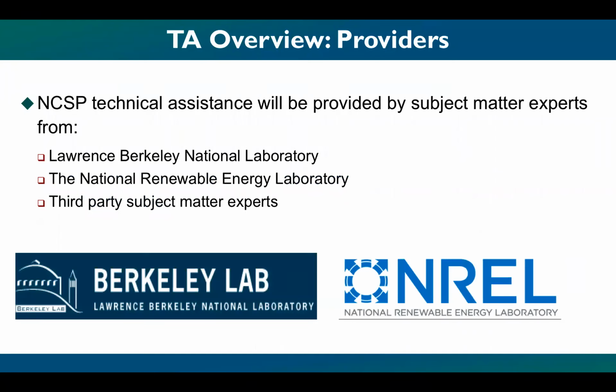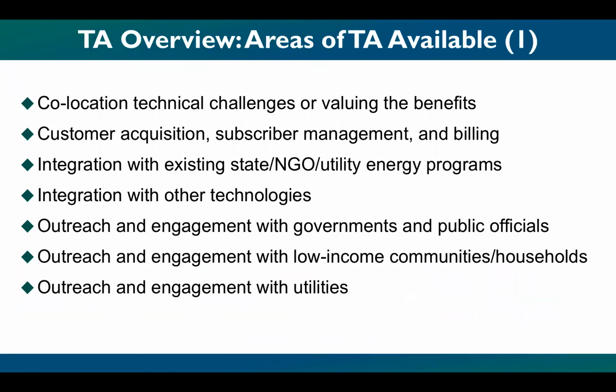Now, this technical assistance is going to be provided by subject matter experts at either Berkeley Lab, the National Renewable Energy Laboratory, or NREL, or by third-party subject matter experts. Next, I'm going to talk about what areas of technical assistance are available. There are a number of subject areas.